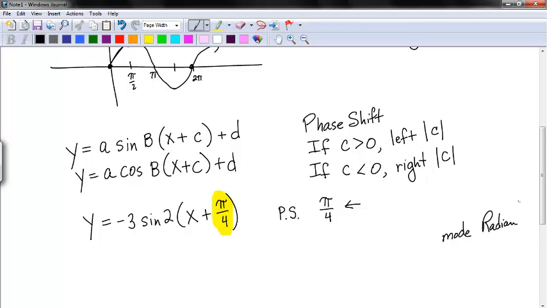Okay, so that's what it should look like. It's every pi over 2, and from negative 2 pi to 2 pi, and negative 4 to 4. Now put in just the sine graph. Y equals sine of x. And graph that. There's the regular sine graph. Goes through the origin.